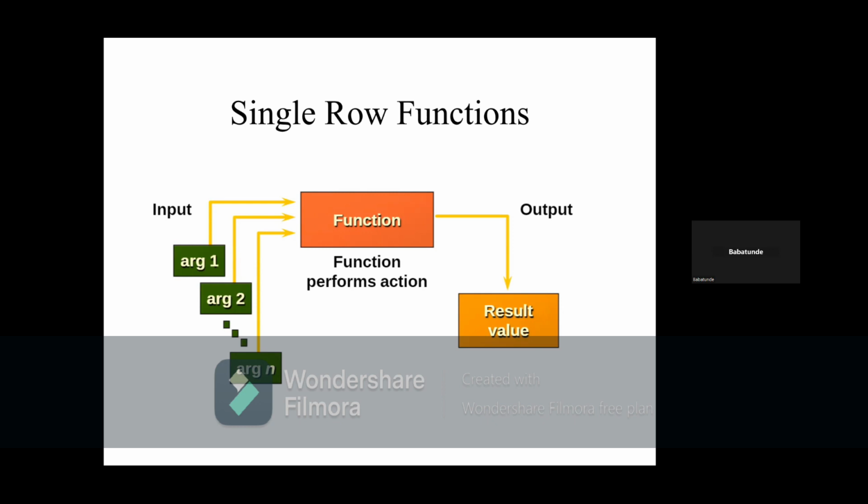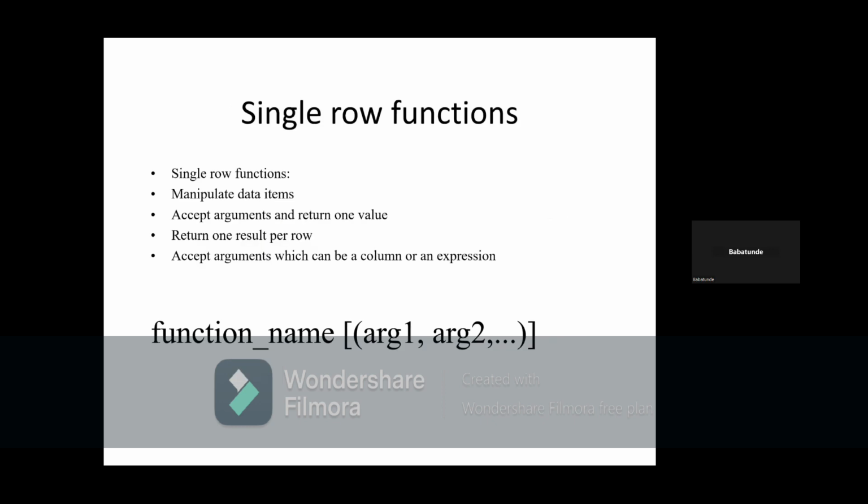A function, I don't want to say API, is a program that is inbuilt in Oracle that does a lot of things. You pass information, a parameter or variable, into it, and it gives you one result set.